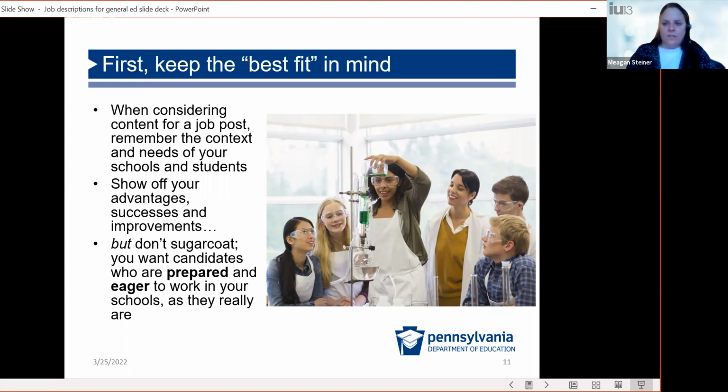When considering content for a job post, remember the contexts and needs of your schools and students. Show off your advantages, successes, and improvements, which we've mentioned in other sessions in this series, but don't sugarcoat. You want candidates who are prepared and eager to work in your schools as they really are. That's why the session title refers to your best fit teacher candidates, the folks who have the right mindset and intention to work in your schools and stay in your schools.